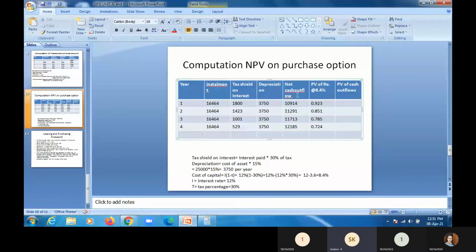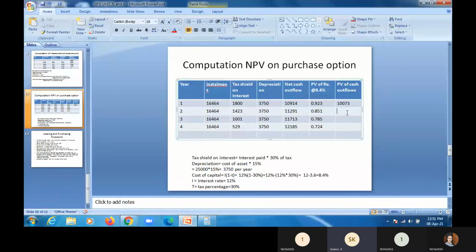Now multiply with the net cash outflow. So that will give you this column values. 10,914 into 0.923 will give you 10,073. In the same manner, you calculate all the values.